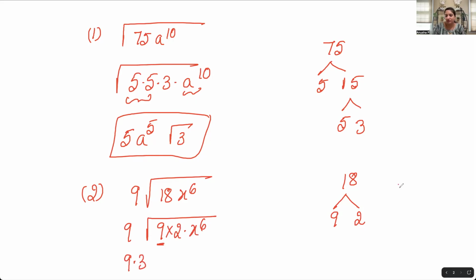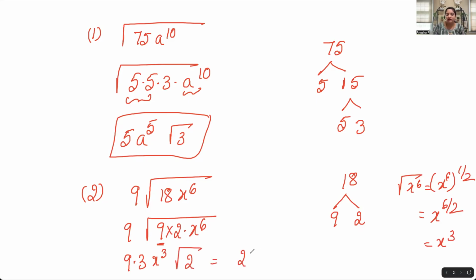And the square root of x to the power of 6: we can just do 6 divided by 2, or if you forget, just 1 by 2. So x to the power of 6 by 2 is x to the power of 3. But we are left with root 2. 27 x to the power of 3 root 2.